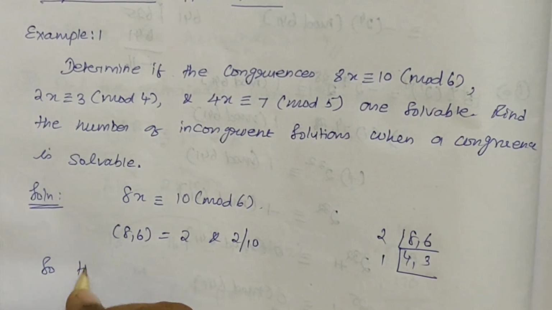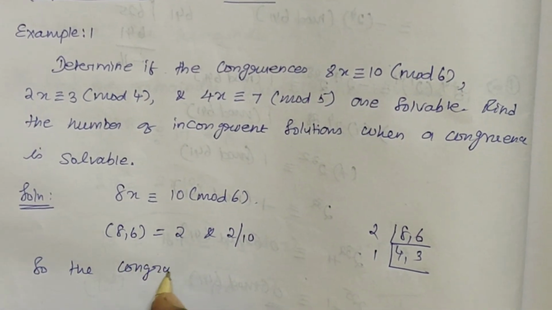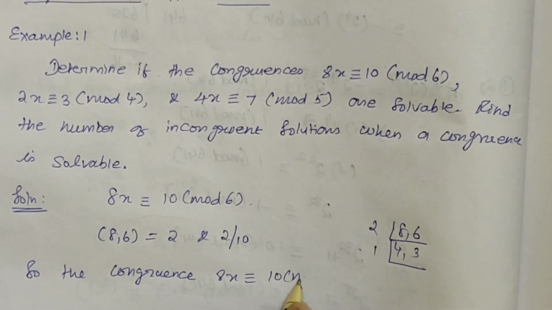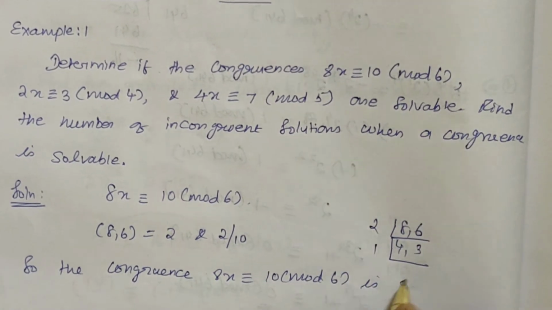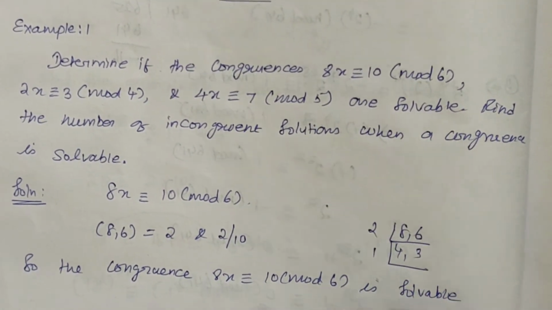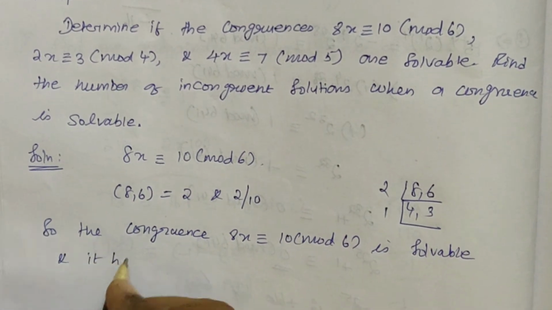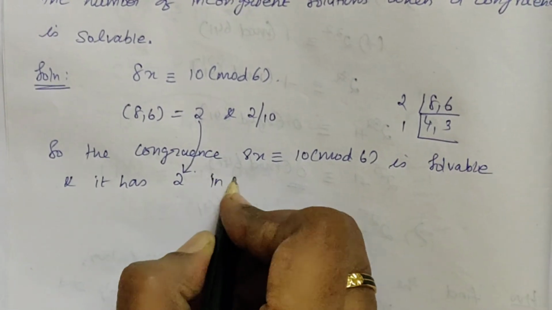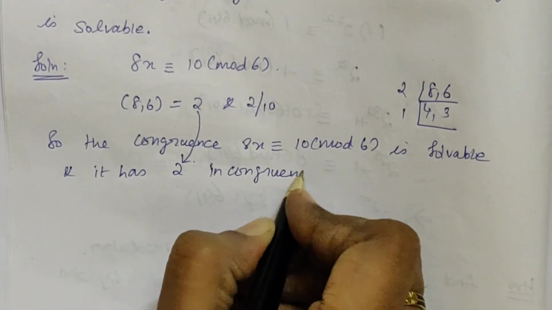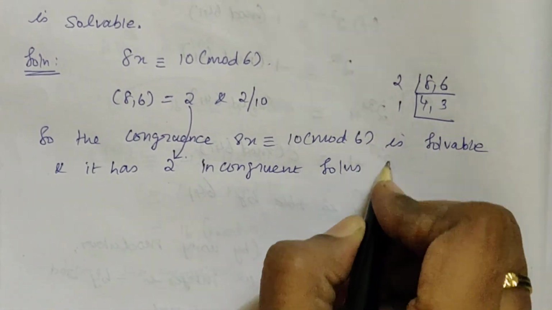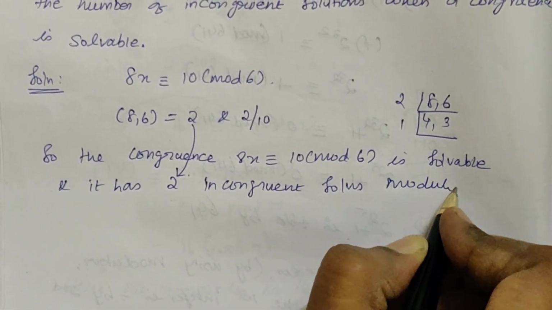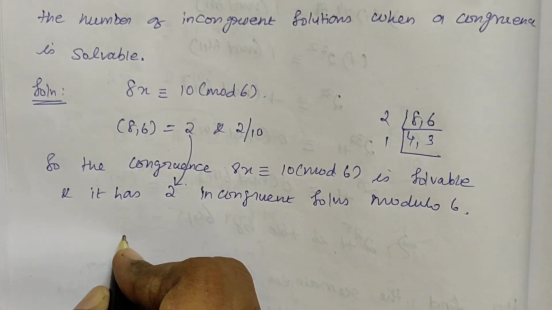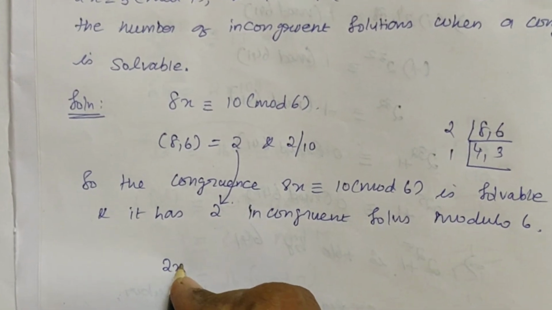So the congruence 8x ≡ 10 mod 6 is solvable and it has 2, that is the gcd value, 2 incongruent solutions modulo 6.